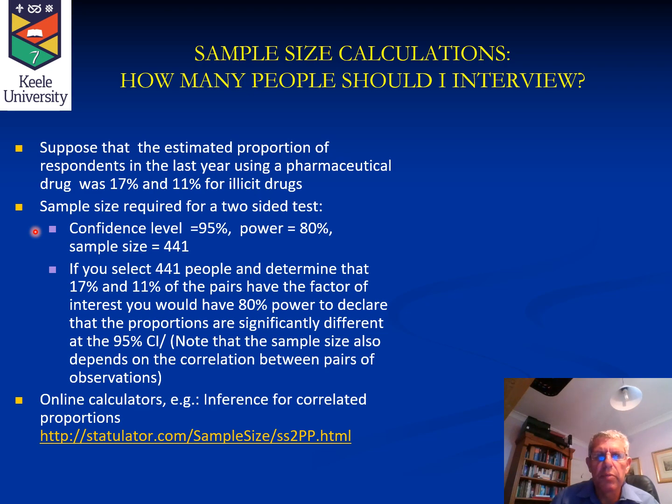So again, we can put these parameters into a sample size calculator, and we find that if we select 441 people and determine that 17% and 11% have the factor of interest, then we would have an 80% power to declare that the proportions are significantly different at the 95% confidence interval.